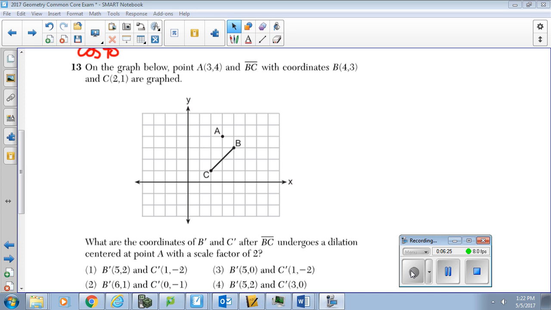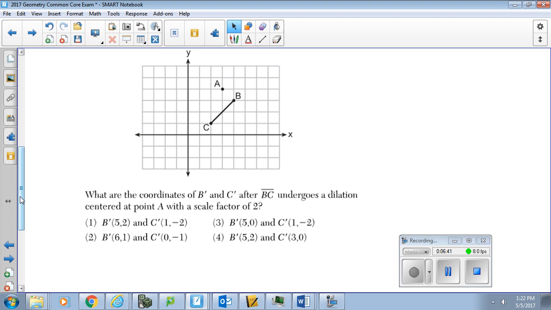All right, on number 13, it says on the graph below, point A (3, 4) and segment BC with coordinates (4, 3) for B and (2, 1) for C are graphed. And our question is, what are the coordinates of B prime, C prime after BC undergoes a dilation centered at point A with a scale factor of 2?